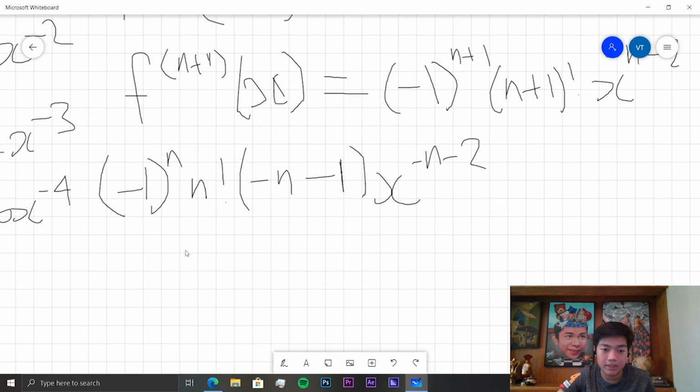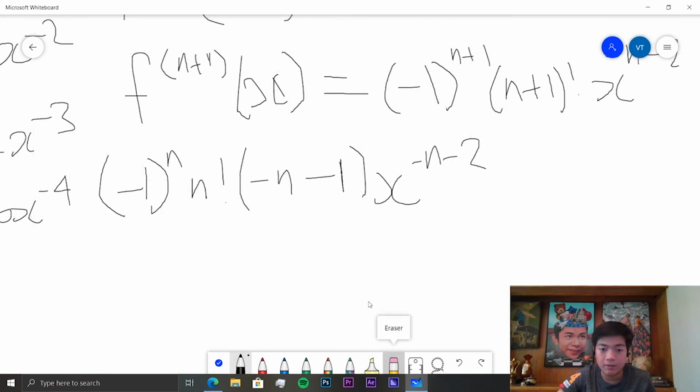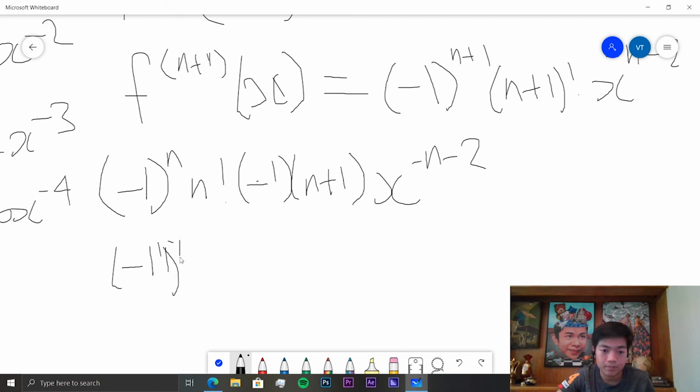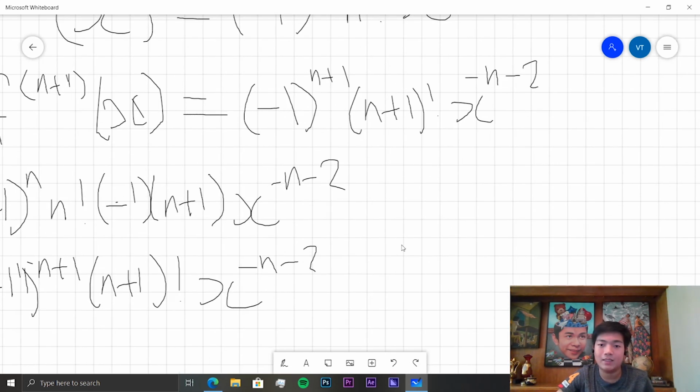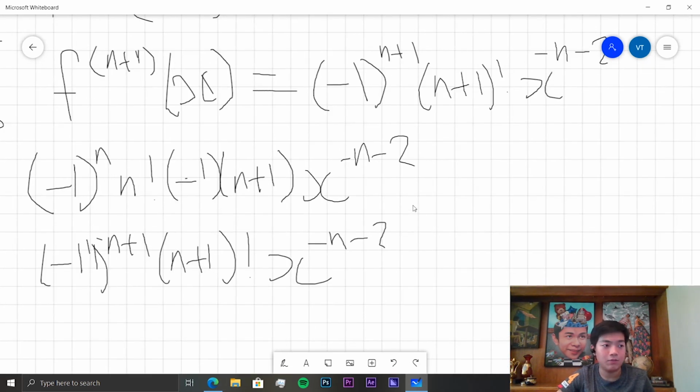And we can rewrite this as -1 times n plus 1. This allows us to rewrite this all as -1 to the n plus 1 times n plus 1 factorial, since n factorial times n plus 1 is equal to n plus 1 factorial, times x to the -n minus 2. Since the left-hand side is equal to the right-hand side, we've proved it by induction.